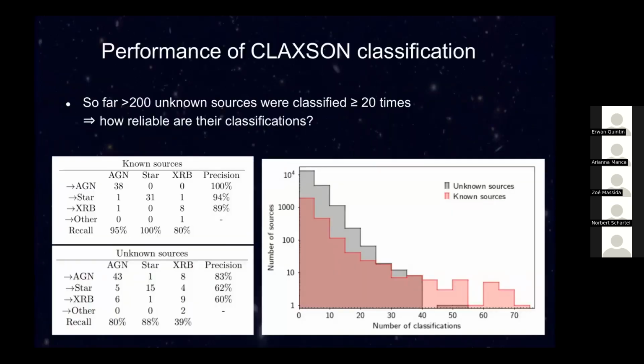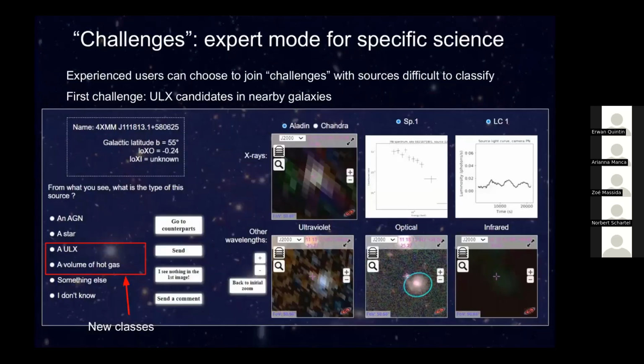Yeah, it's the second thing, because Klaxboy doesn't use, for example, the shape of the spectrum or the shape of the light curve, and we do see that. So when I inspect the source, I do see that and use that in my own expert classification.